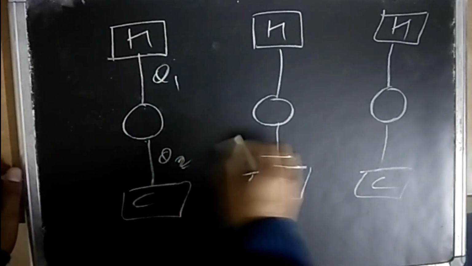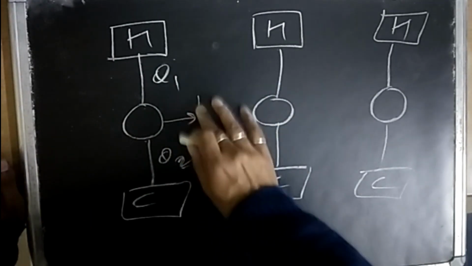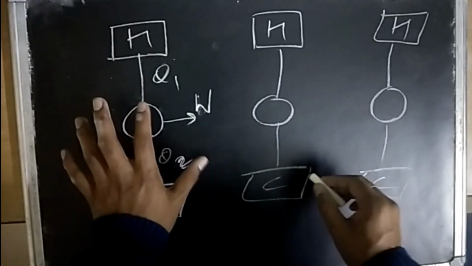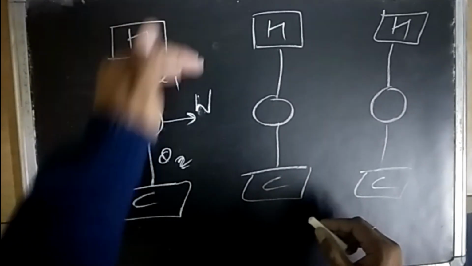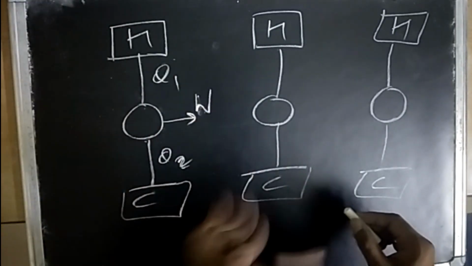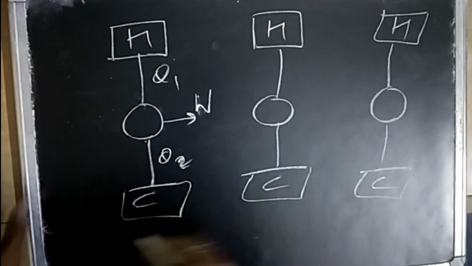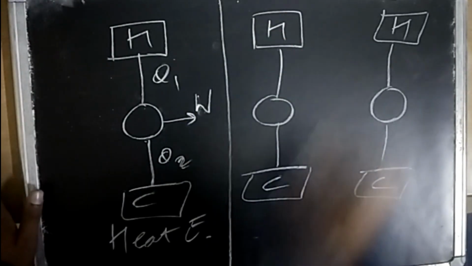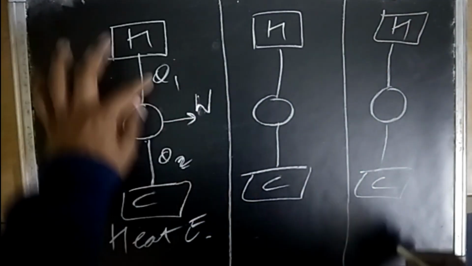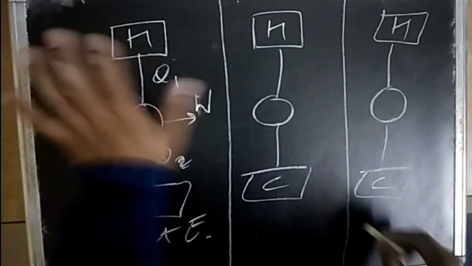Anyways, if work is out, this is like my car engine. Because I move from hot to cold, make it cool and take out some work, this is my heat engine, where work is coming out, that is Q1 minus Q2. This is the heat engine.